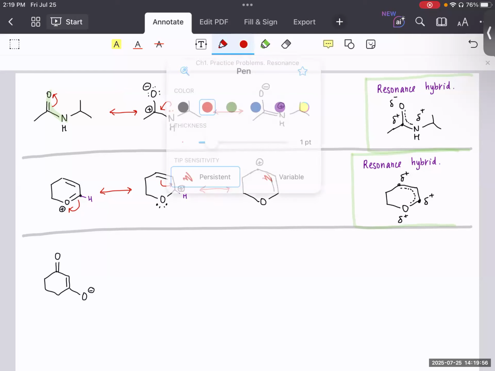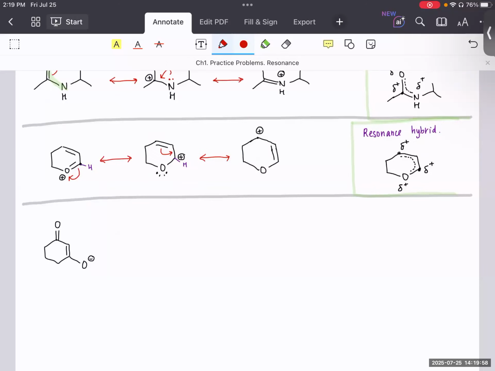All right, last one here. So here we can draw in those lone pairs to help guide what we want to do. And here we have a negative charge. Whenever we see a negative charge within a resonance structure, a place to start would be to start with those lone pairs of electrons.